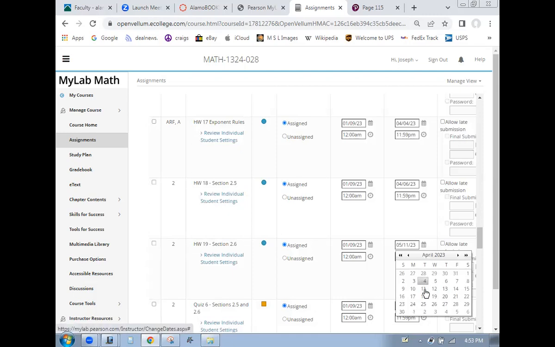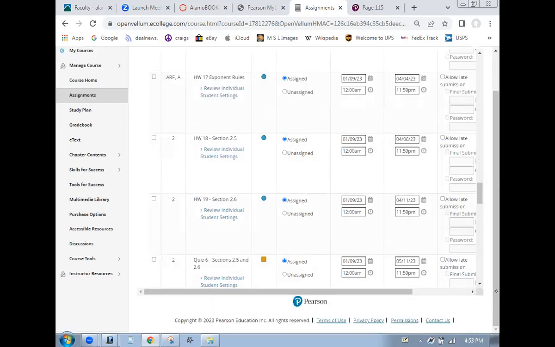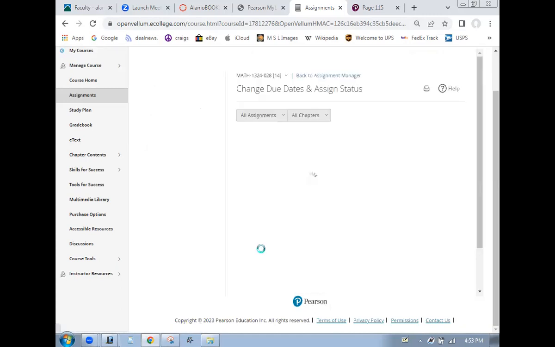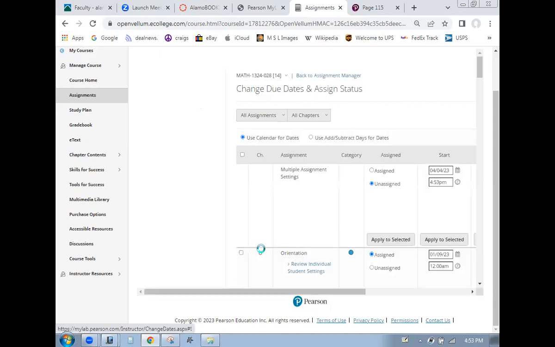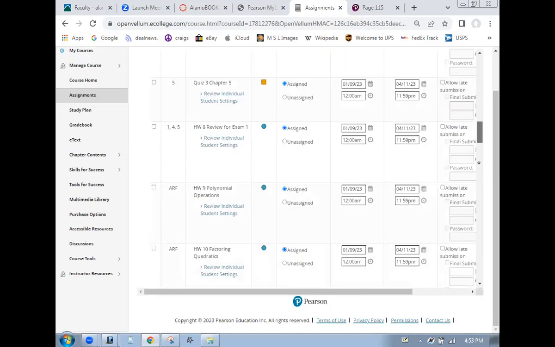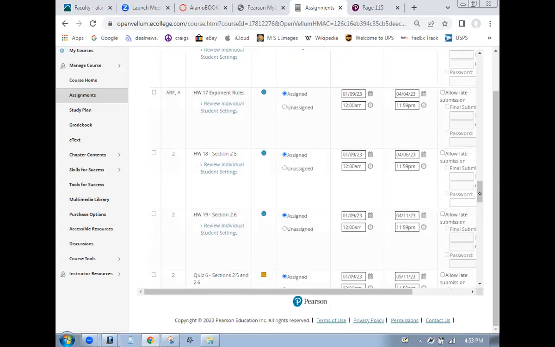So a week from today is the 11th. Let me check and make sure, because half the time when I click on this, it doesn't do it. Yeah, it's been changed. So a week from today, 2.6 is due.